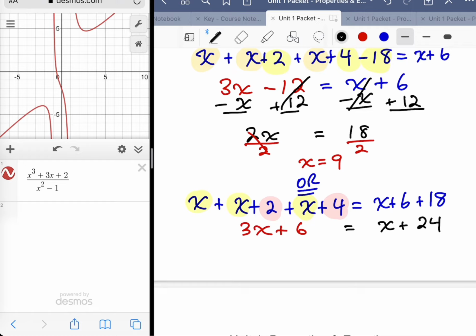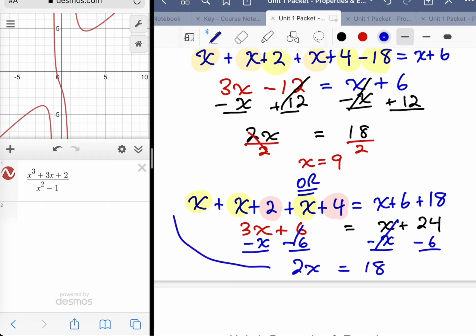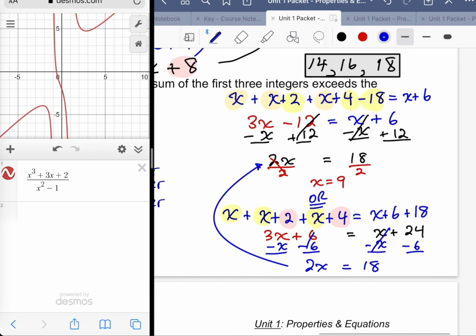It doesn't take too long before you realize you're going to get to the same step in the process, because we'll subtract the x, subtraction property of equality. We'll subtract the 6, also subtraction property of equality. We'll have 2x is equal to 18, which brings us to the solution x equals 9. Or part of the solution anyway, because we need all 4 consecutive integers.